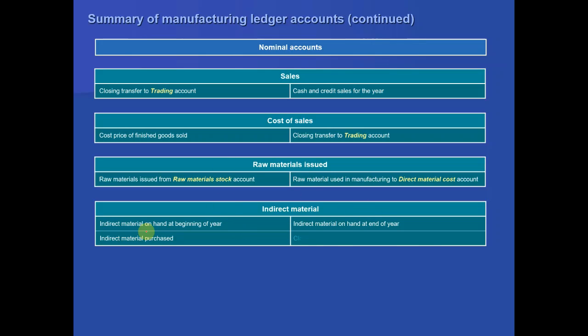That's why we have to remove it. And then the part that we actually did use during the year, we will transfer to the factory overheads cost account, which is a cost account that we will deal with in our next section, the cost account section of the general ledger.